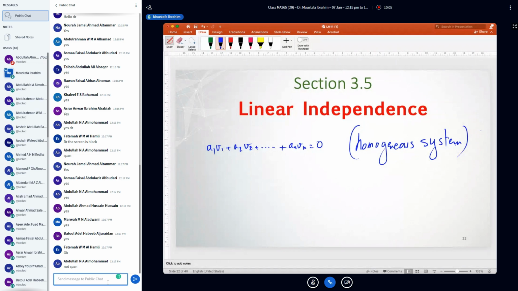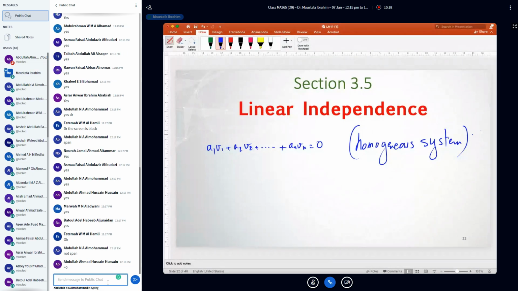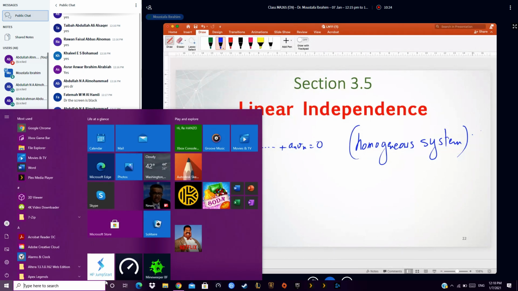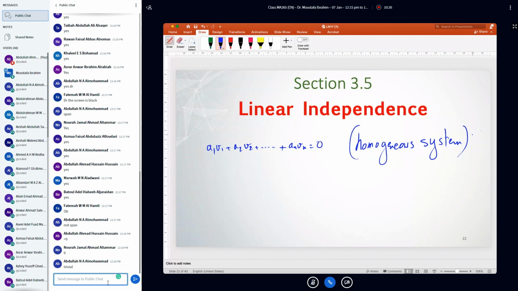It's always what? No, false. It can be trivial, it can be infinitely many solutions.